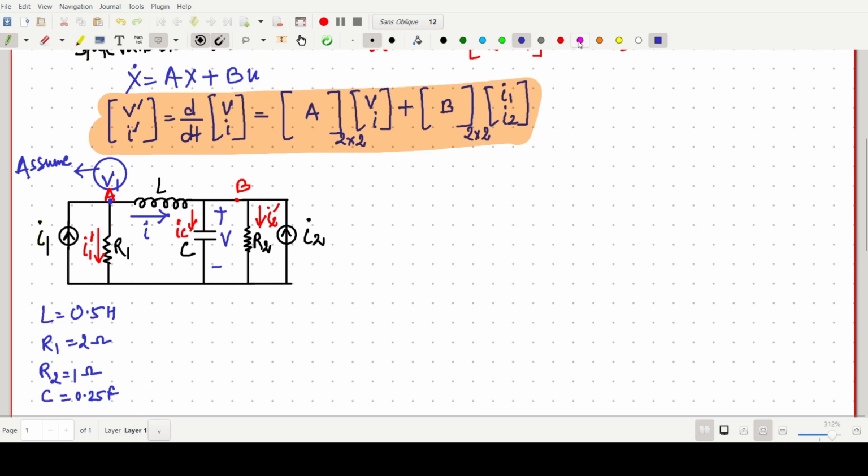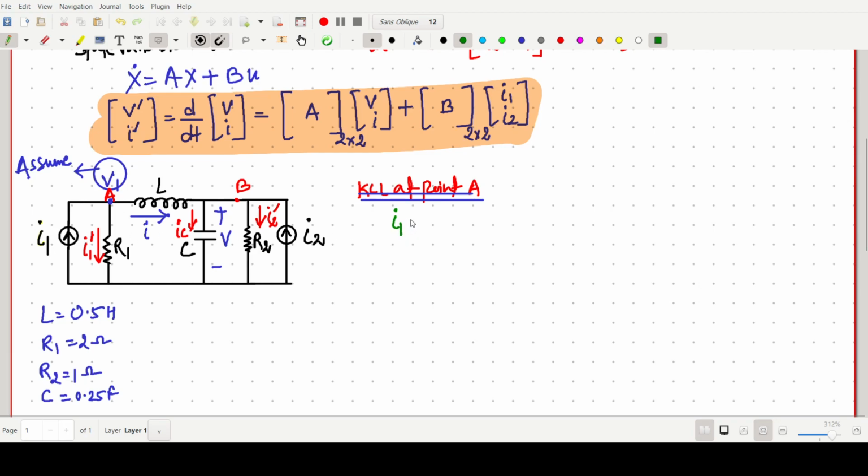Now just write KCL, Kirchhoff's current law, at point A. The total incoming current at that point is I1, the source current.